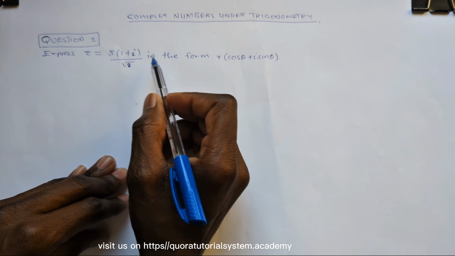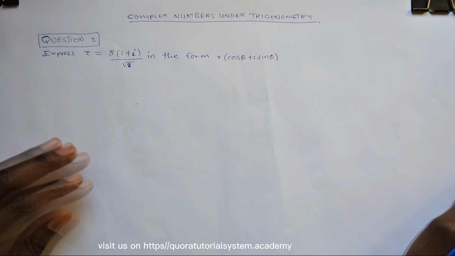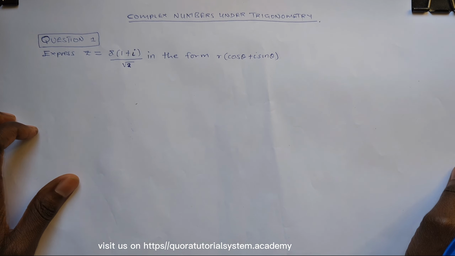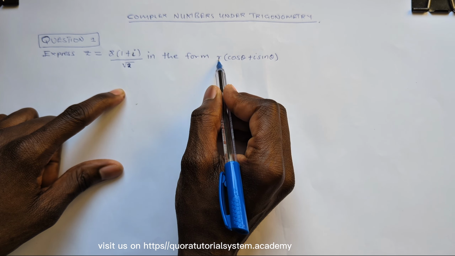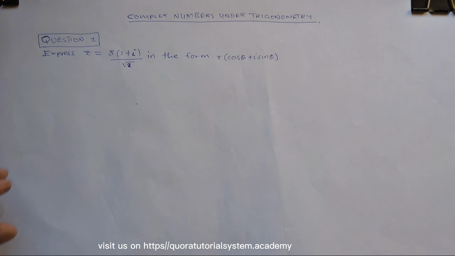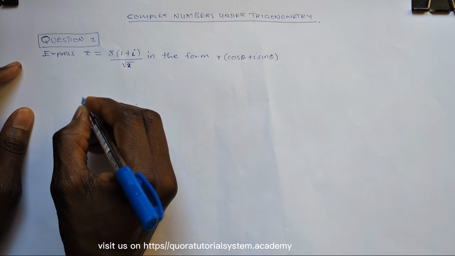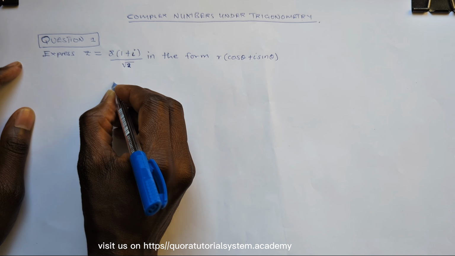So if you want to express a complex number in that format, the only thing you are required to do is make sure that you know how to calculate r and also how to calculate the theta which is there. Of course, every complex number has two parts.